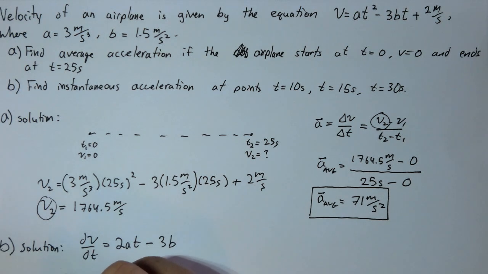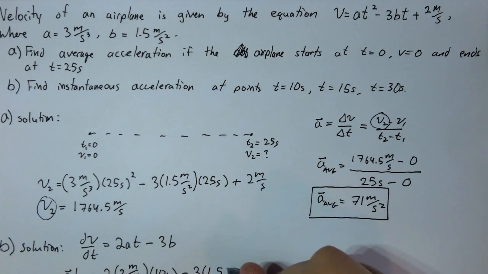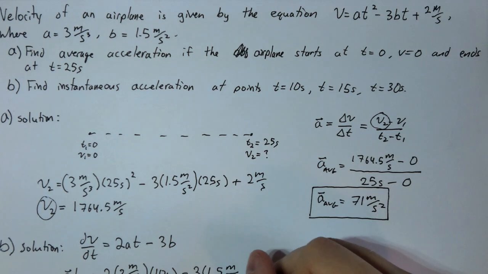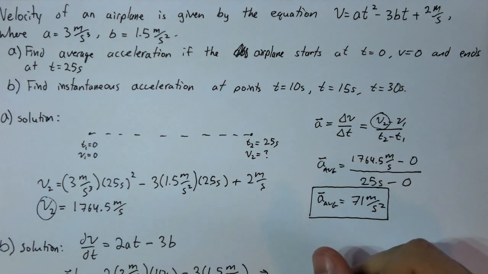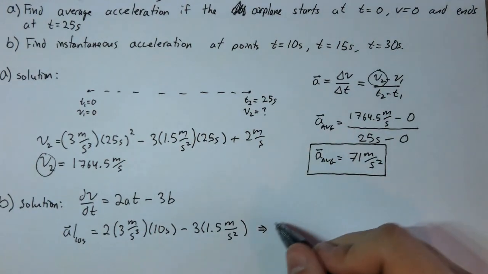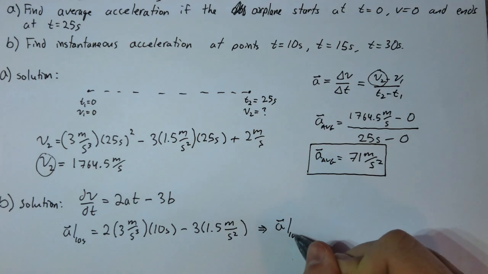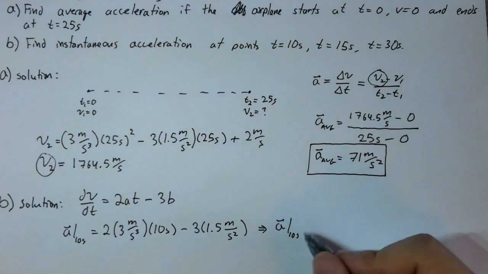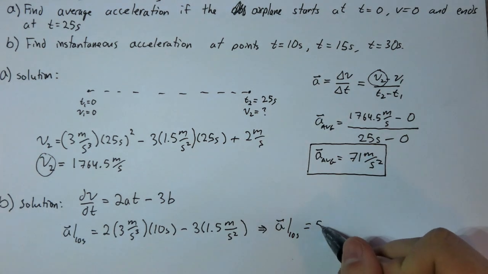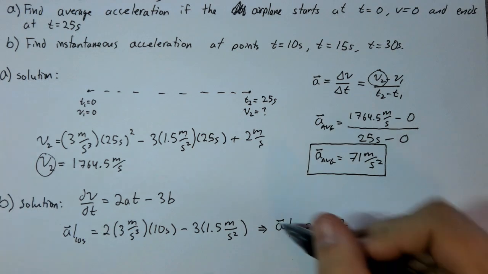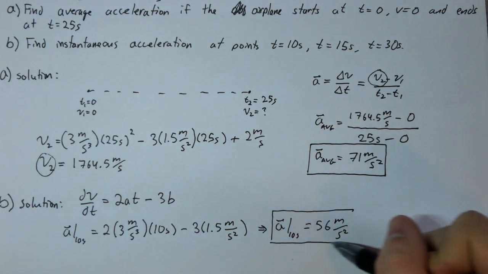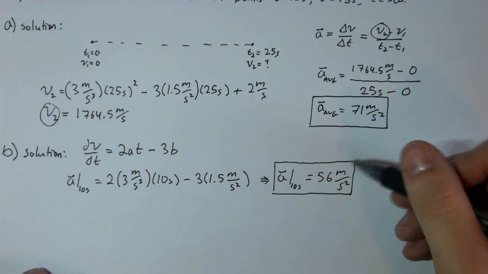So our acceleration at 10 seconds will be 2 times our a value times 10 seconds minus 3 times our b constant. Sorry, you can't see that. And our acceleration at 10 seconds works out to 56 meters per second squared, like so.